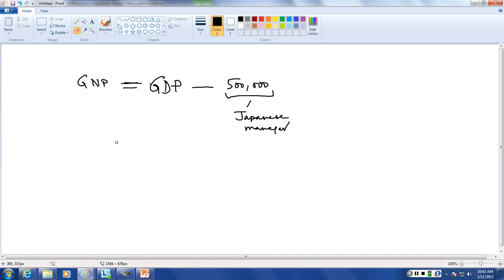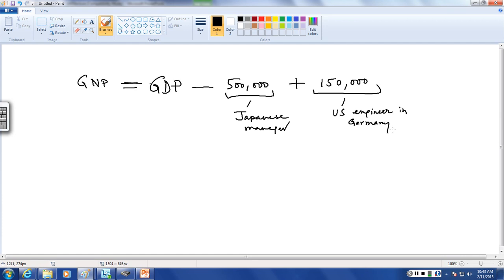So what do we do with his salary? That has to be added on, don't you think? So this is the US engineer in Germany. And this is the Japanese manager in the US. Am I making sense to you? This would give us GNP, wouldn't it?